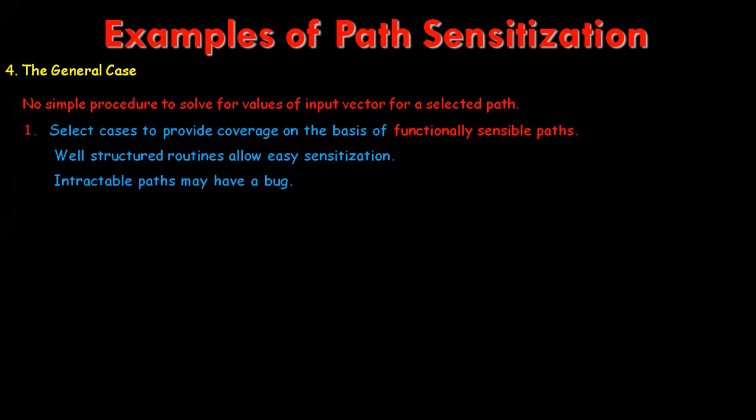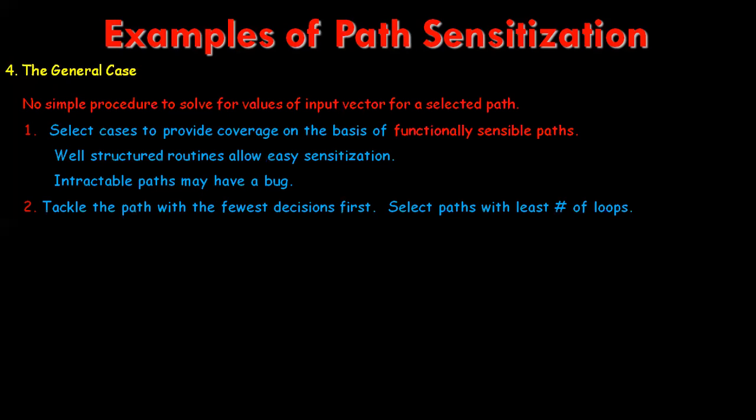If the routine is well structured, we should be able to force most of the paths without any deep analysis. So intractable paths should be examined for potential bugs, before investing time to solve these equations, or we have to find the path that is going to force the input values.